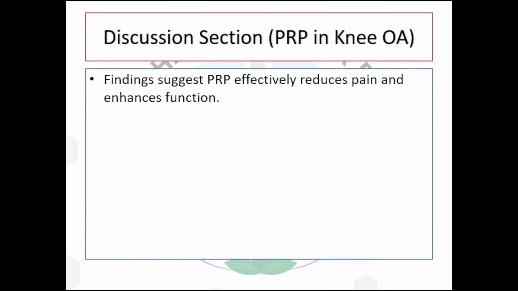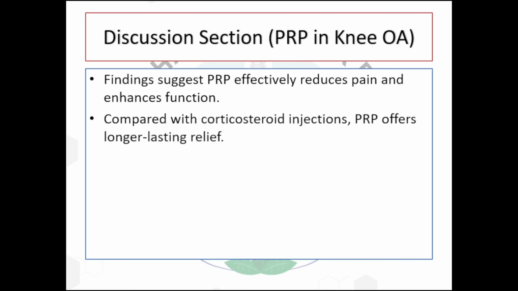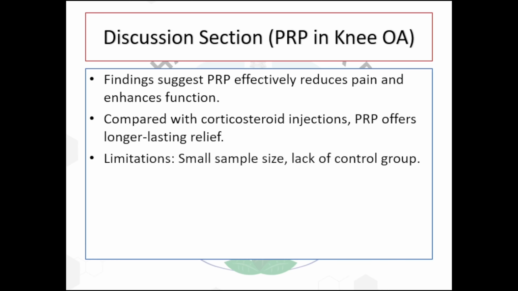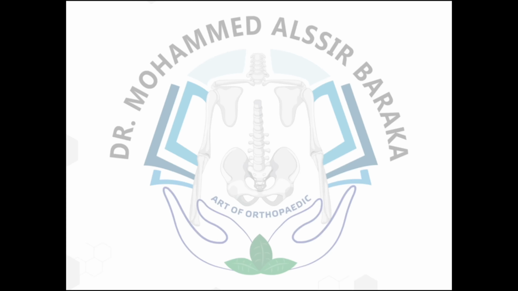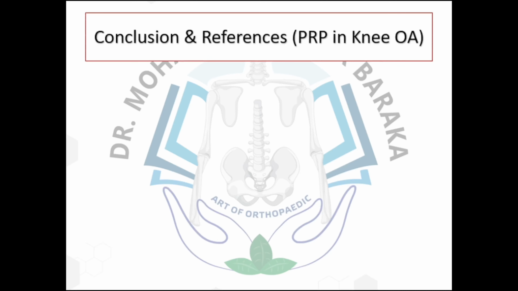In the discussion section, we studied most of the previous papers, and we compare our results with all these previous studies. We also address limitations: small sample size because many patients refused PRP injection, and lack of a control group. But we need future research: large RCTs are needed to confirm long-term efficacy.